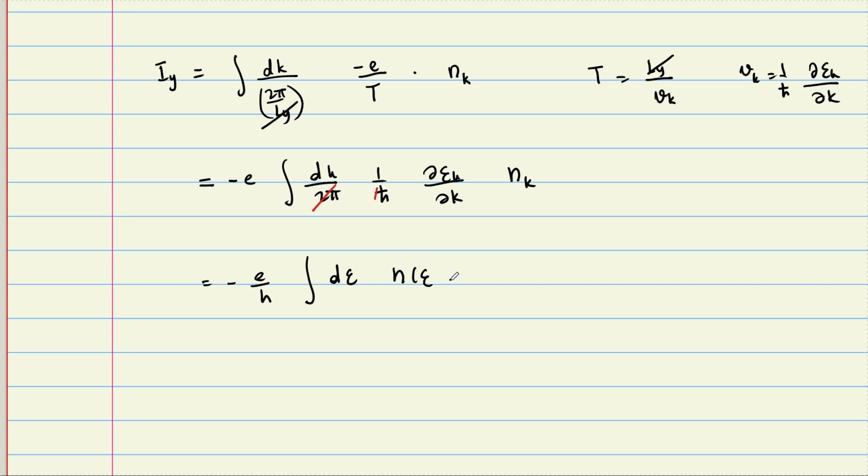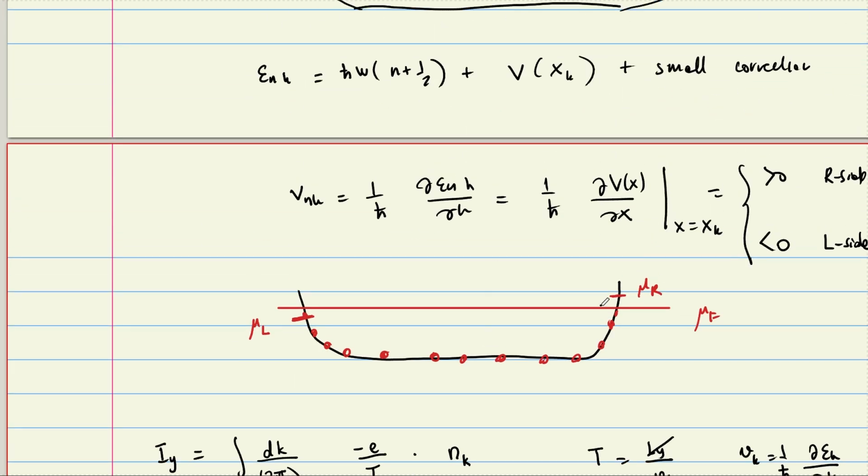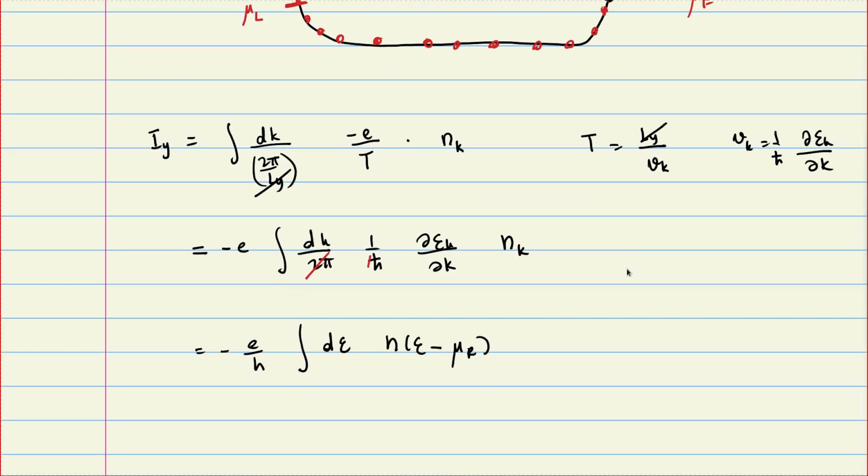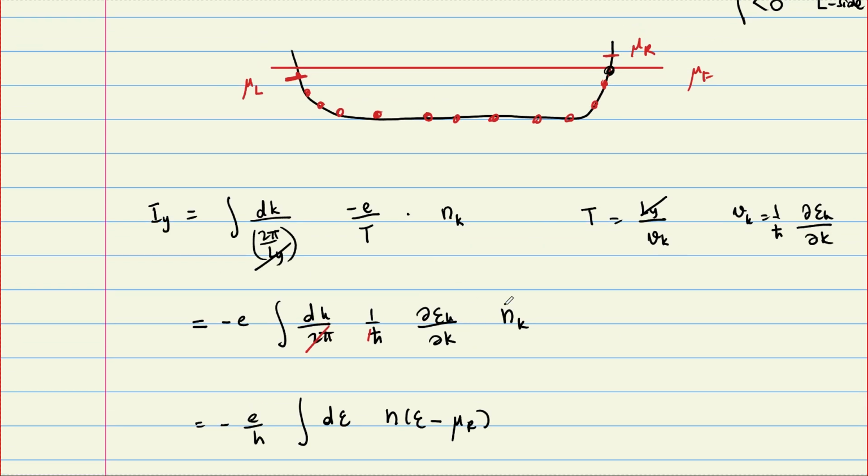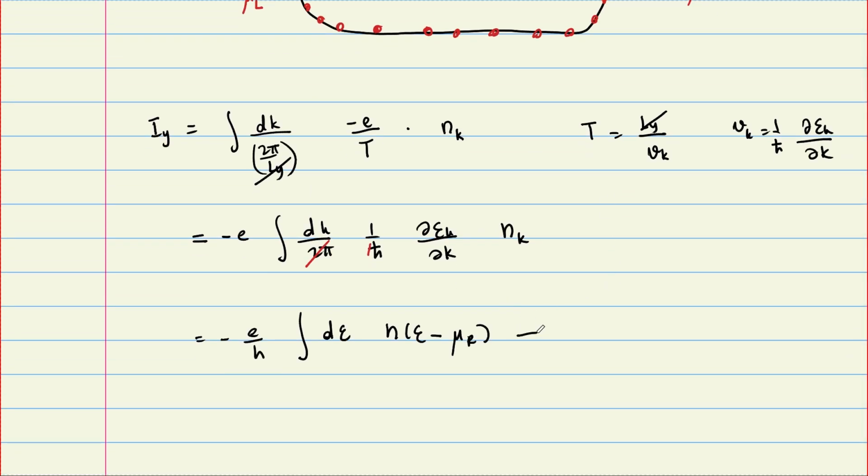But there are two n's, one on the right hand side. I'm just copying that calculation, so we don't need to redo it. It's going to be n of epsilon minus nu right. This one comes with positive current because of positive derivative, and the other one comes with minus n of epsilon minus nu left.